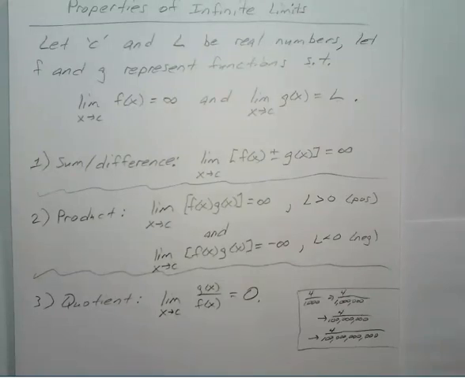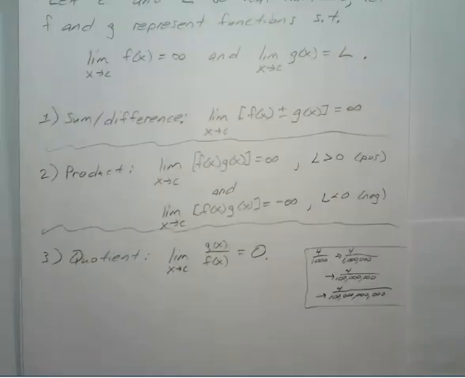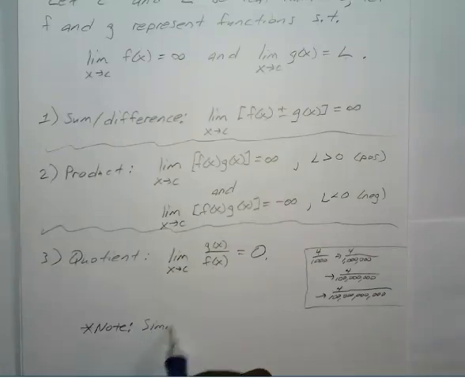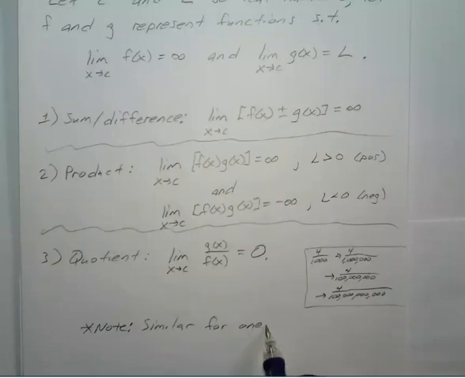All right. So if you are still writing, feel free to press pause. Actually, let me put one little note here. All of these are really similar for one-sided limits and negative infinity.